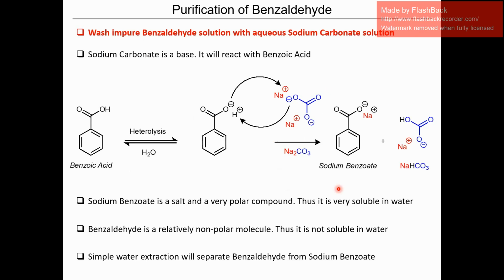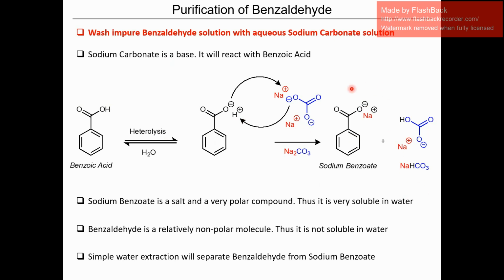How are we going to do so? We are going to use sodium carbonate as a base to react with the sample. The sample is going to contain benzaldehyde and also benzoic acid, but only the benzoic acid is going to react with the sodium carbonate, making sodium benzoate and sodium bicarbonate.